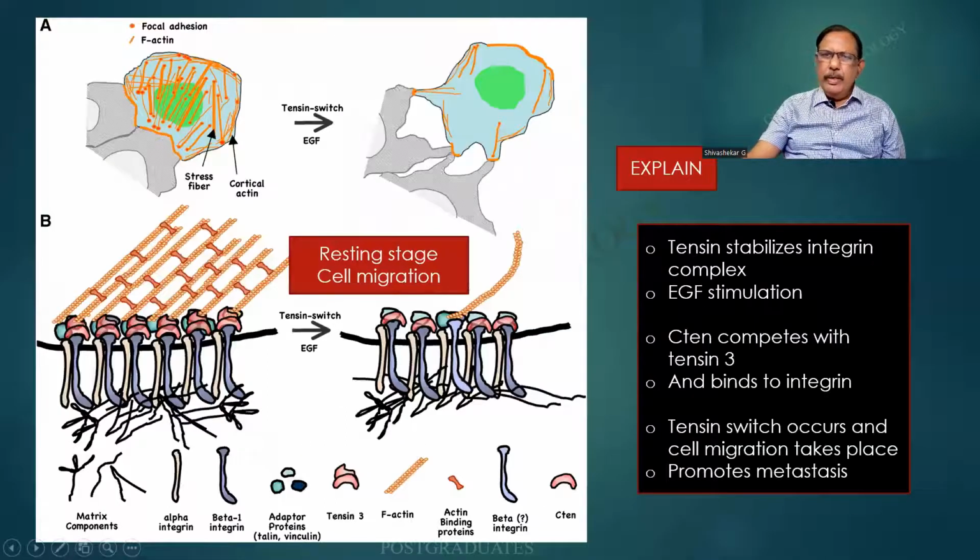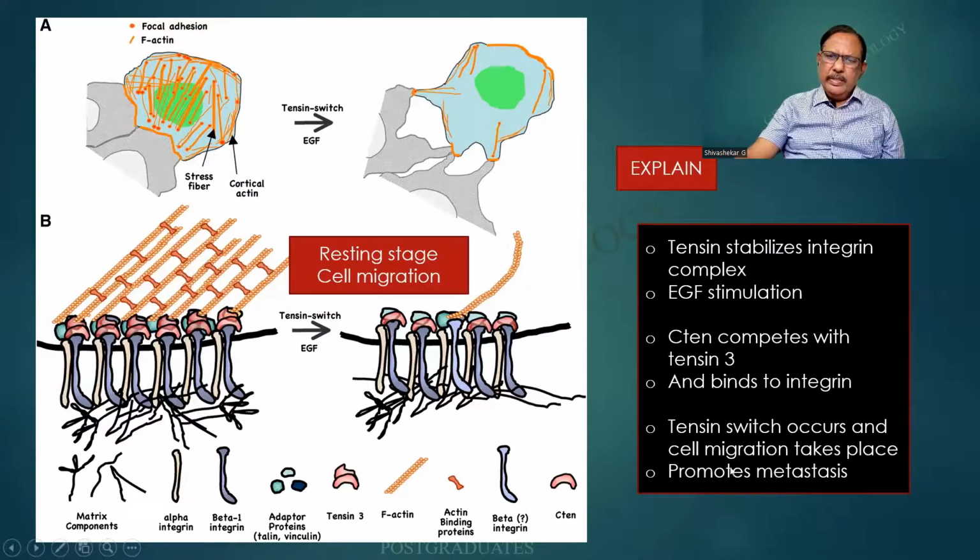And this is a summary of the whole thing. The tensin is stabilizing. That is what you people are seeing here. There is an external growth factor stimulation that is over here, or an epithelial growth factor. The C10 competes with the tensin and binds to the integrin.